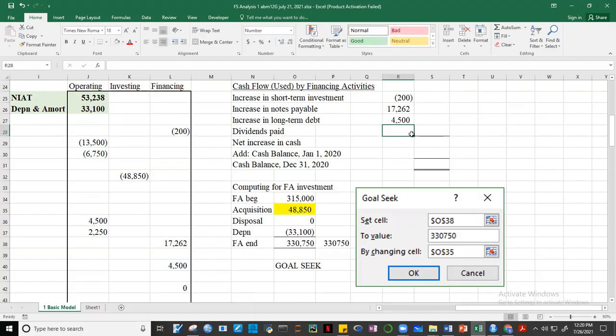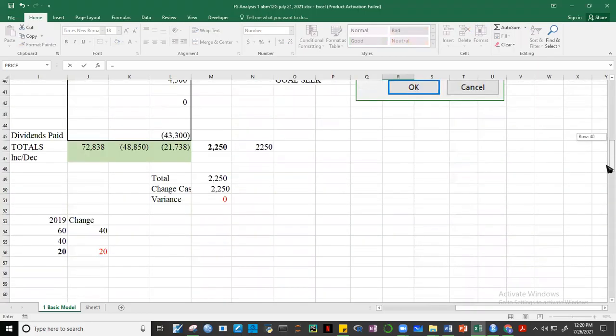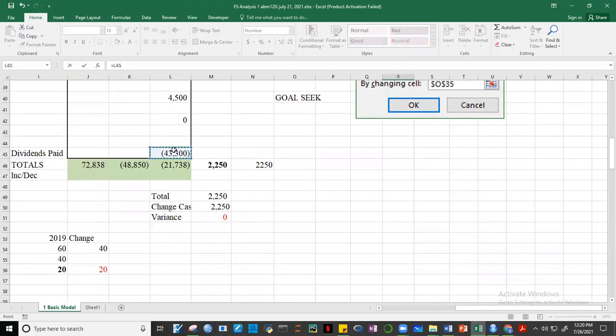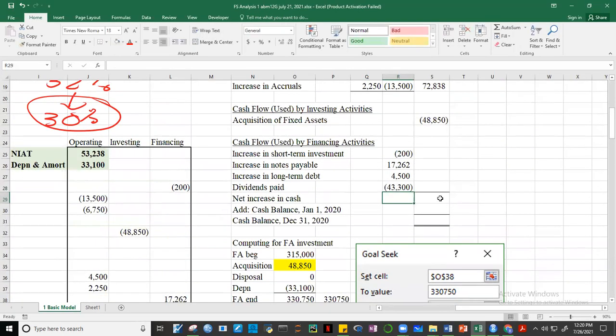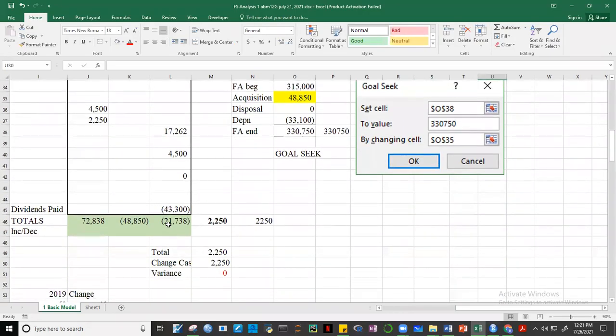And then we also have dividends paid. Ito, 43,300 yung dividends na binayaran. Okay, enter. And then we sum this up. Okay, 21,738 as seen here, pareho lang.